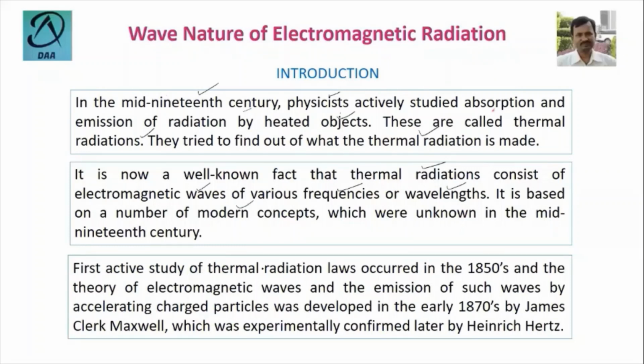The first active study of thermal radiation's laws occurred in the 1850s. The theory of electromagnetic waves and the emission of such waves by accelerating charged particles was developed in the early 1870s by Maxwell, and was experimentally confirmed by Heinrich Hertz.